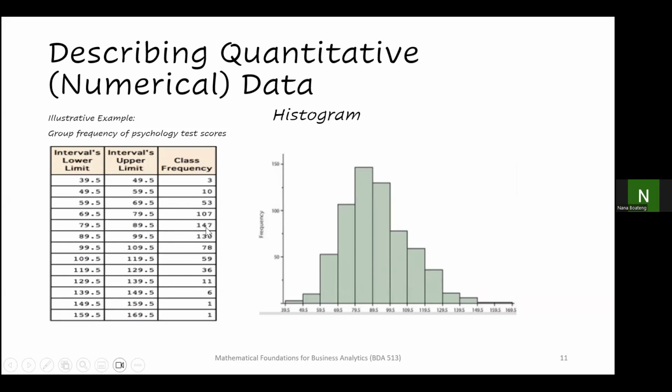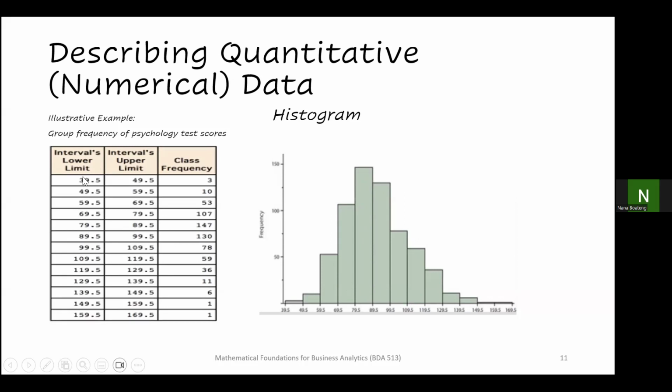It appears 147 times. So between the lower limit of 79.5 and 89.5, the class frequency is 147. You see that on the histogram, it is the highest. So this one gives you the ranges.